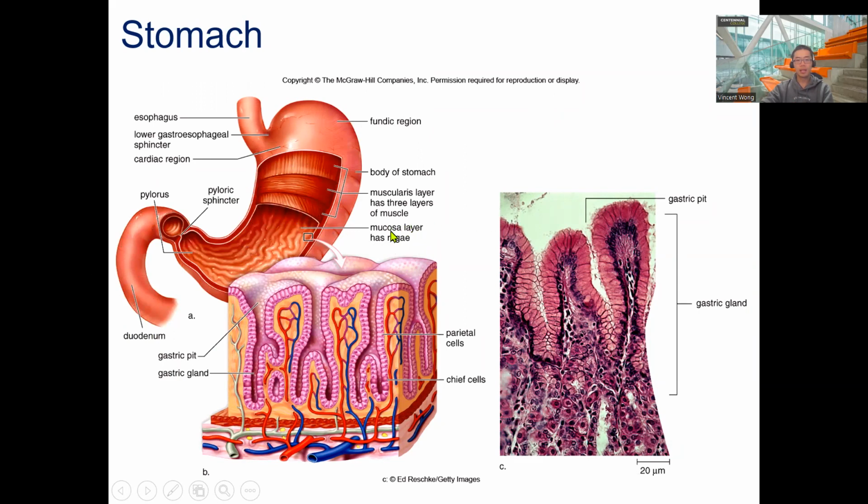If we zoom in onto the mucosa of the stomach, it's not a smooth surface. There are all these grooves in it, and these grooves are called the gastric pits. Located in these pits are gastric glands.